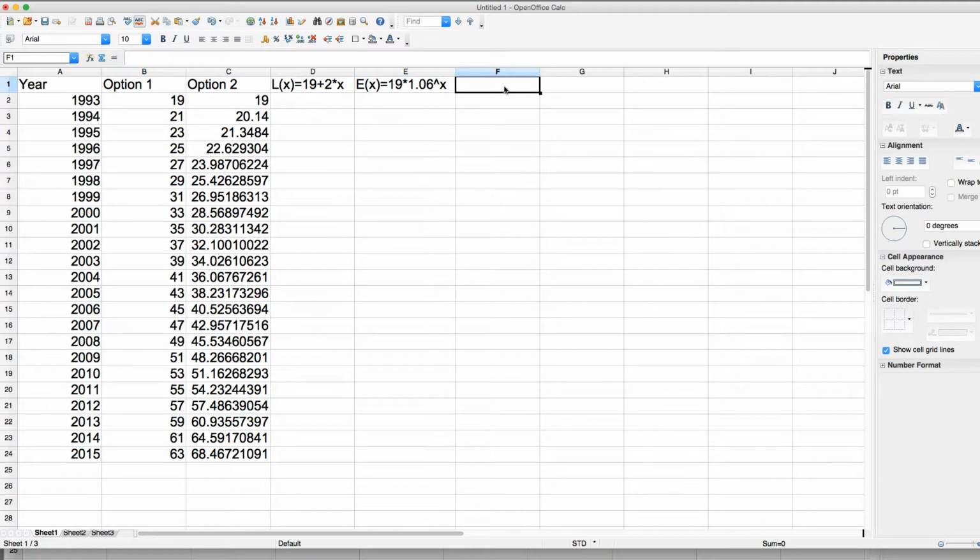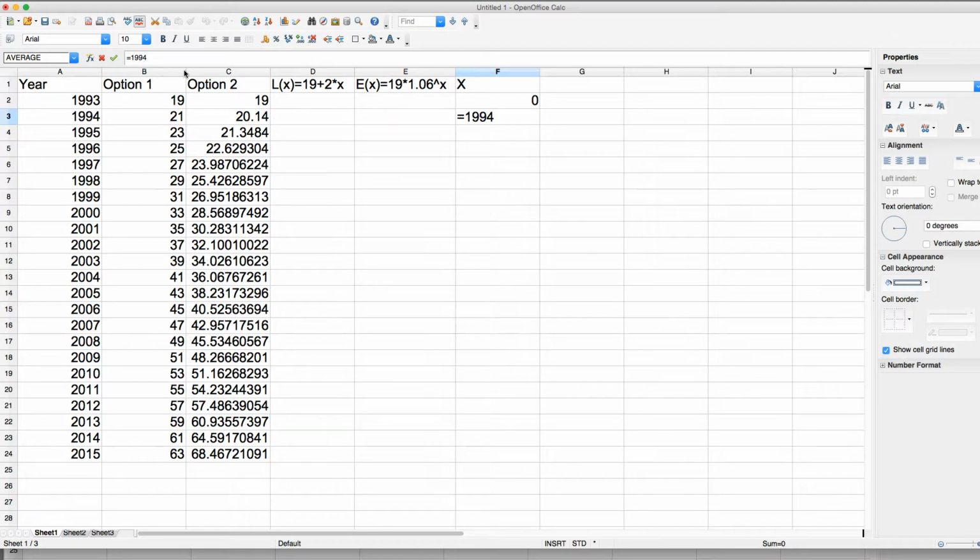And I don't want to have to count all these. That seems boring. So what I know is this is year 1, one year apart. So I know that 1994 minus 1993 is going to equal 1, but I want to replicate it.